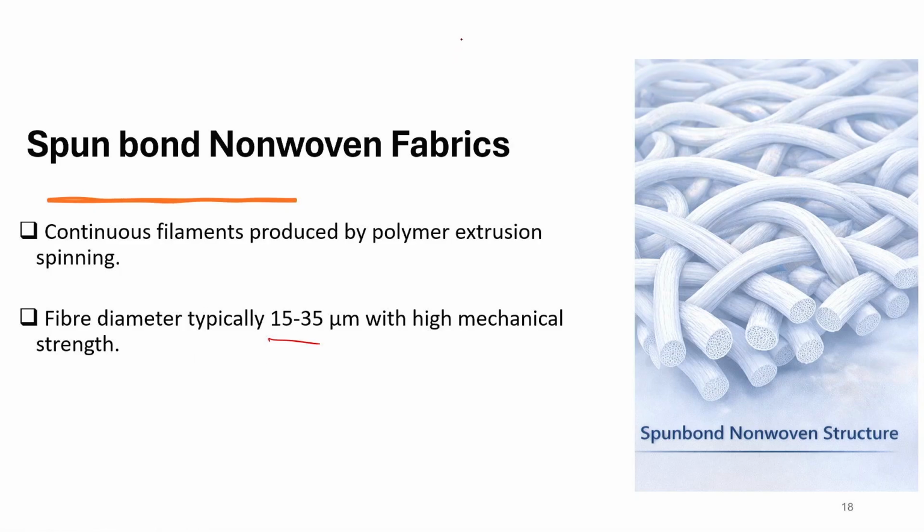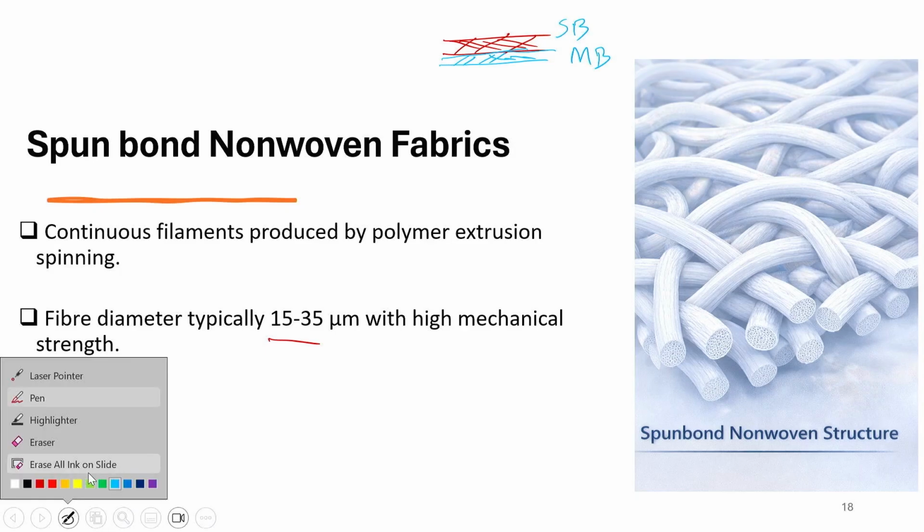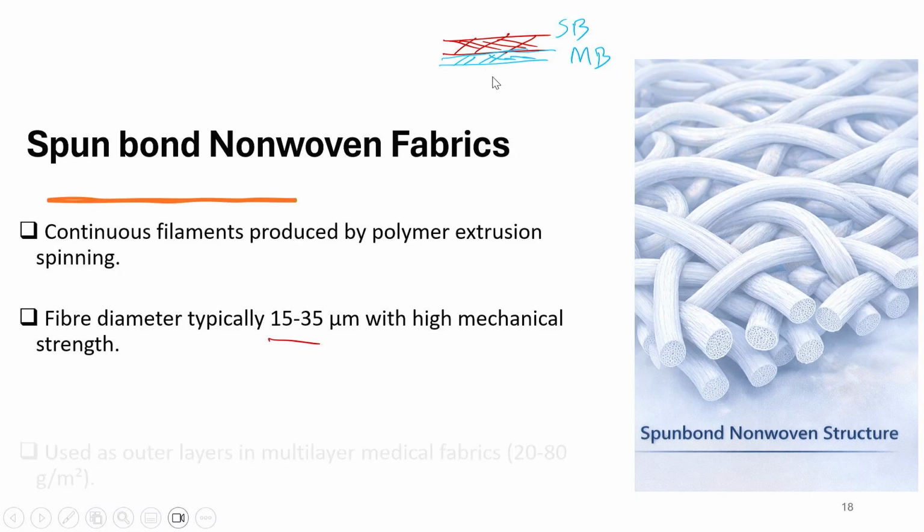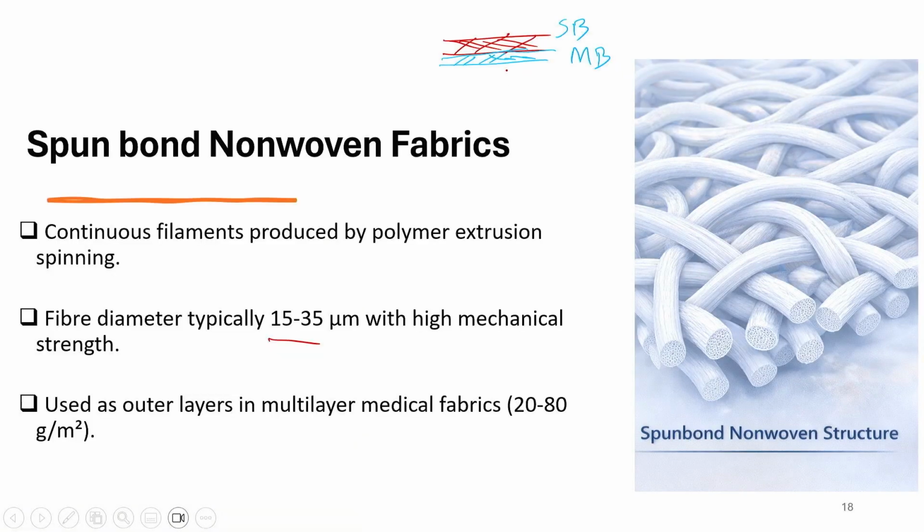So, this is the spun bonded coarser fiber which gives the mechanical strength, then the inner layer is melt blown, and then another outer layer that is spun bonded.